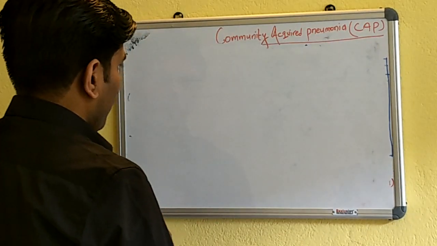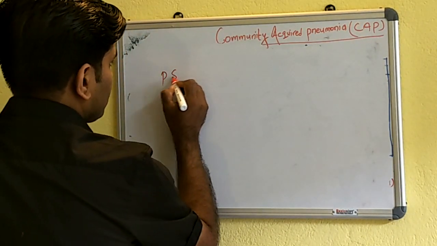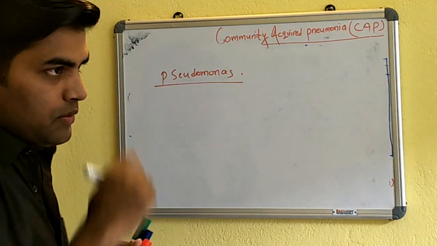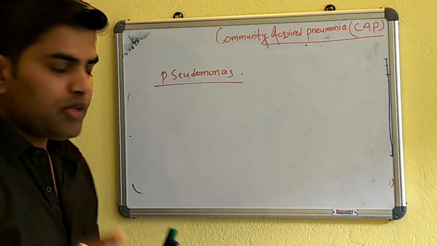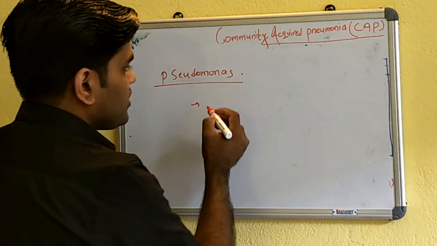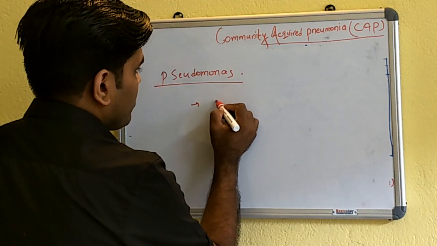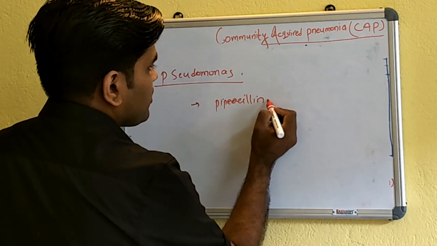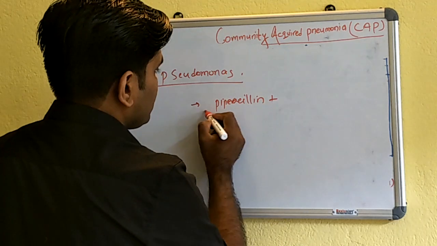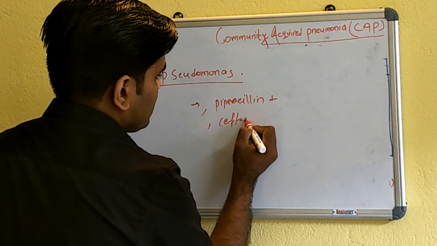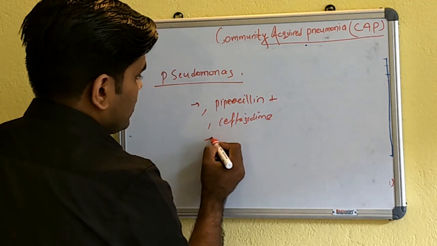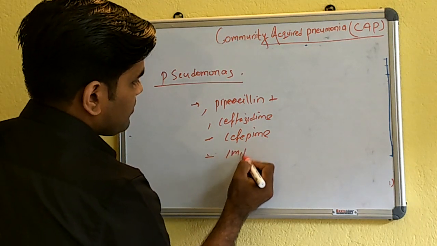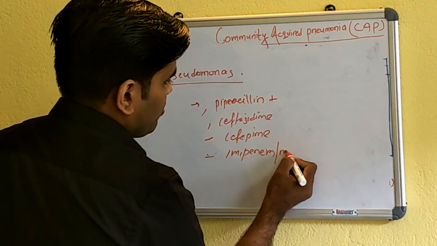Now Pseudomonas. Normally we think that he or she is from the community, so it is a sensitive one. Since it is sensitive, the treatment options will be piperacillin plus tazobactam, then ceftazidime, then cefepime, imipenem, meropenem.